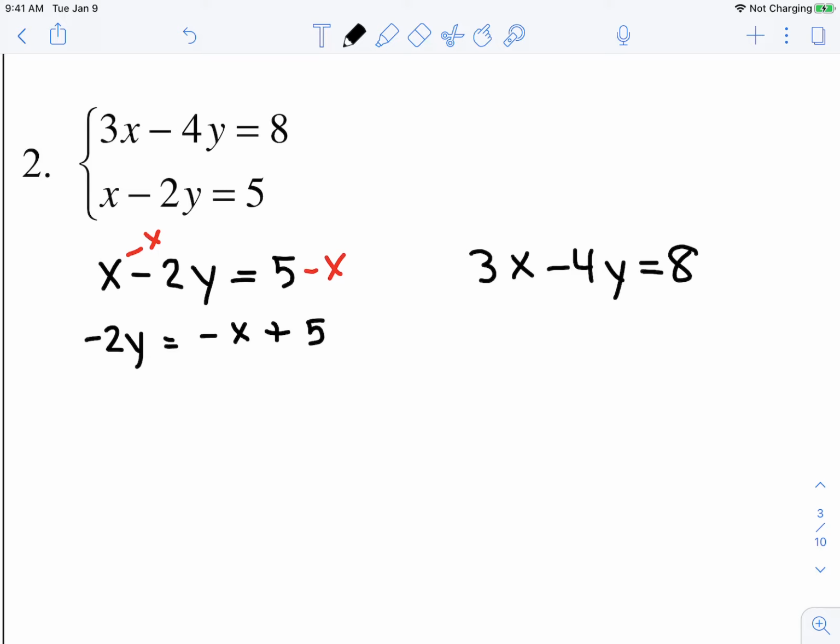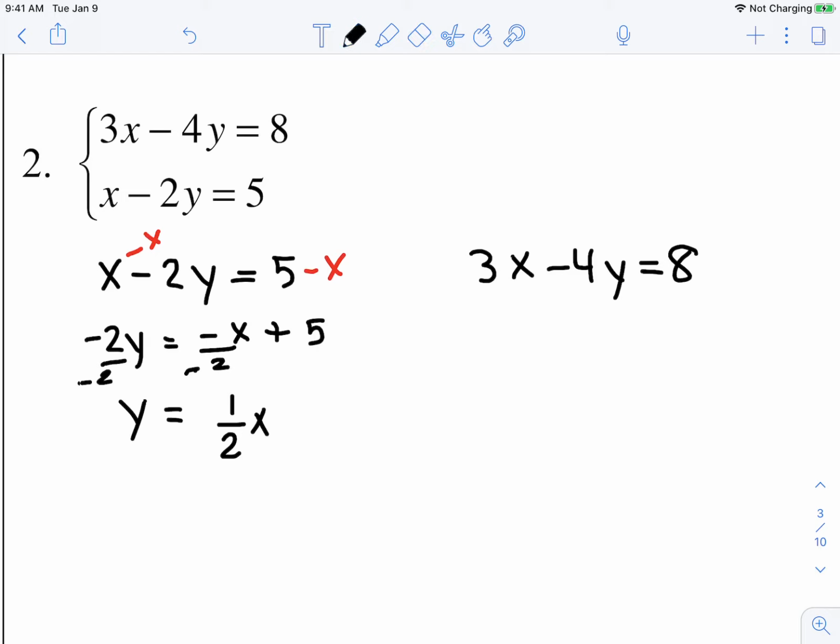And then I want this to be 1y. So I'm going to go ahead and divide both sides by negative 2. And I get y equals negative 1 over 2 x, right? I'm dividing this by negative 2. Sorry, so this goes away.